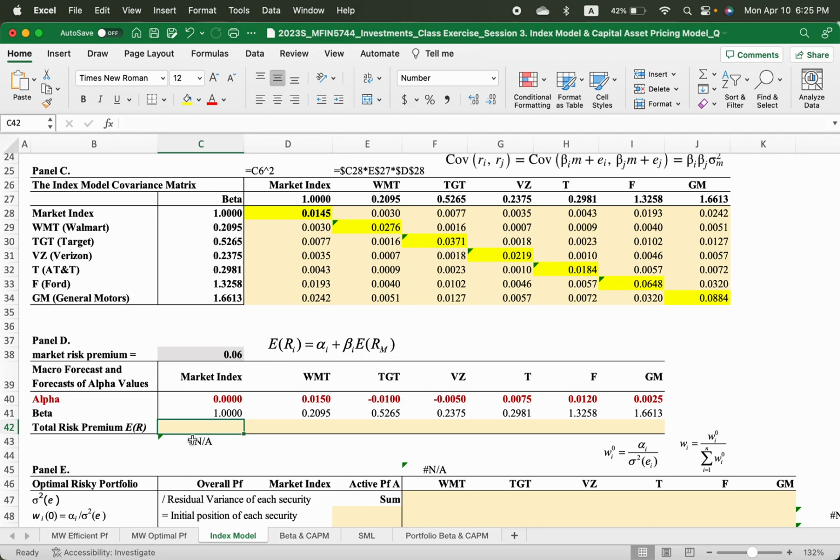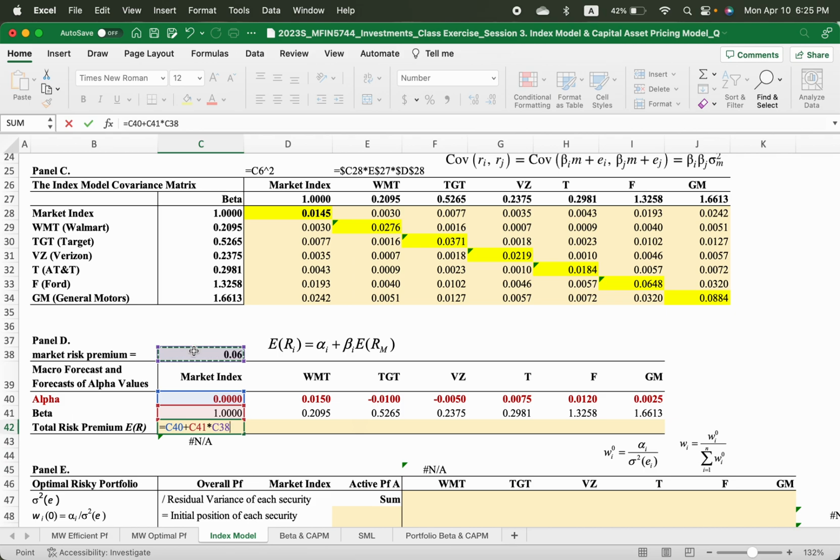So here, equal alpha plus the beta times the market risk premium. You got it. Market risk premium, how to get it? Market expected rate of return minus risk-free rate.